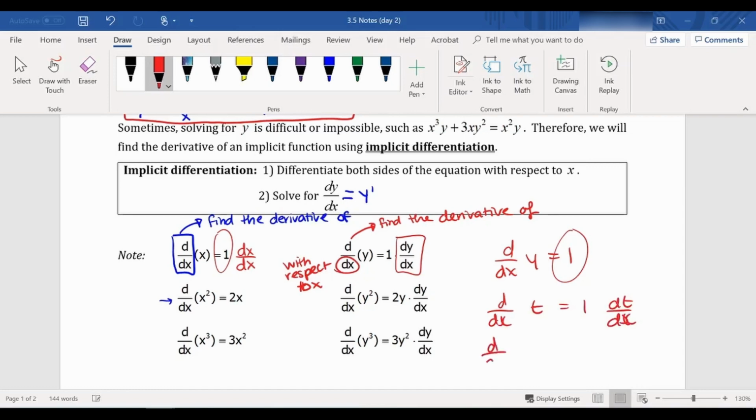If I did d/dx of m, this is going to be 1 dm/dx. Those are really messy x's. So that dt/dx, dm/dx, dy/dx tells the reader your original variable in your equation was a y or a t or an m. So it helps us figure out what I was dealing with when I started.